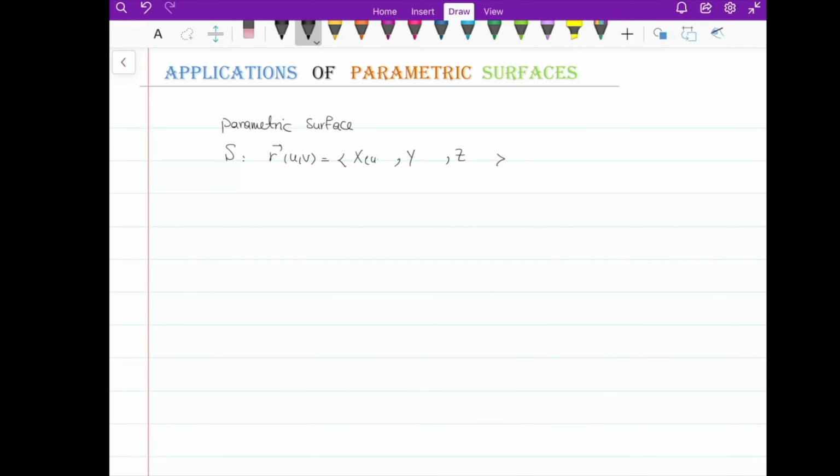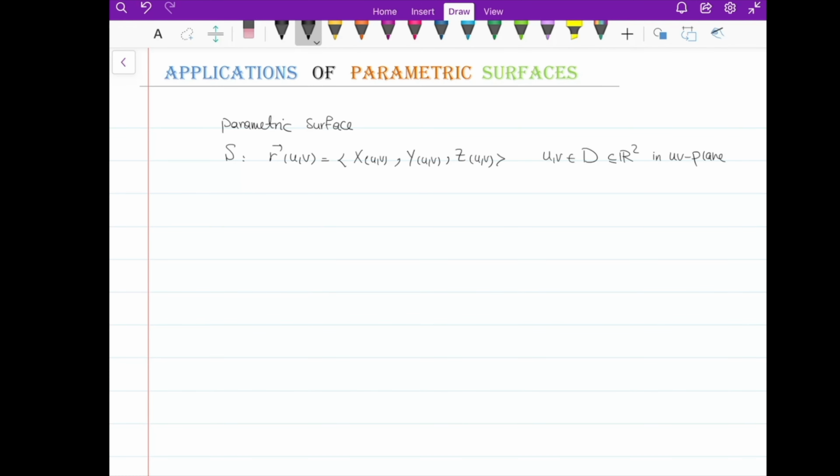Each of the coordinates are functions of u and v, so we need two parameters u and v to parameterize our surface, where our parameters u and v are in a region in R2, basically in the UV plane.